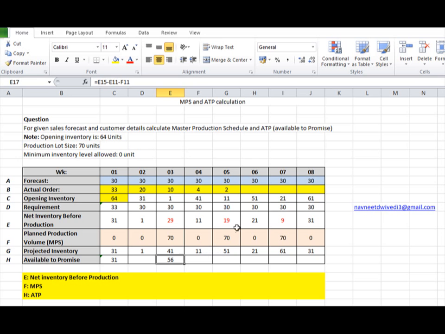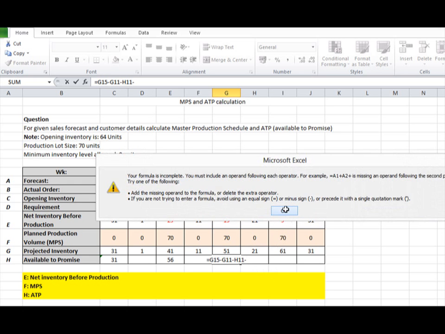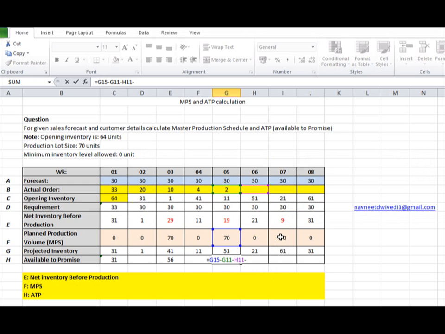Next, the ATP over here is equal to what we produced this week minus our requirement, and this, 68. Now you can see that here we do not have any customer order, so whatever we produce will be available to promise.